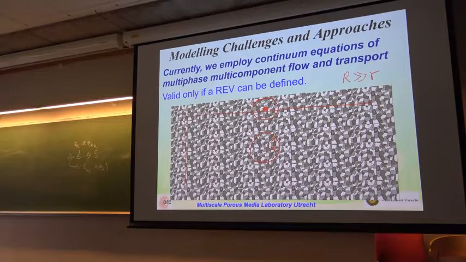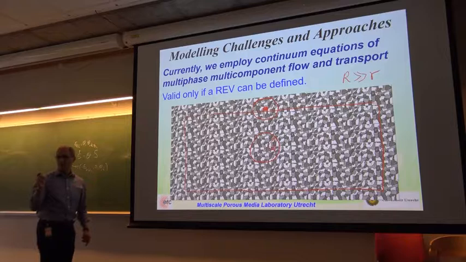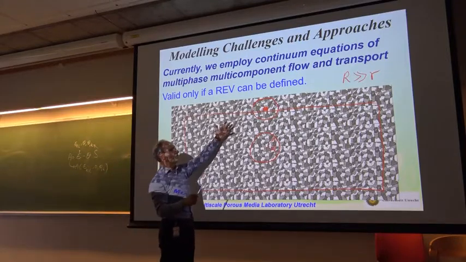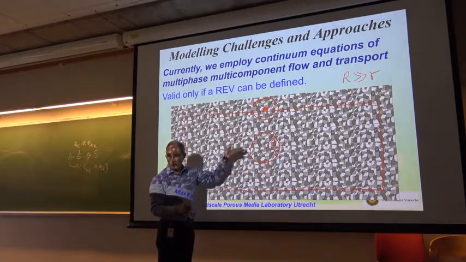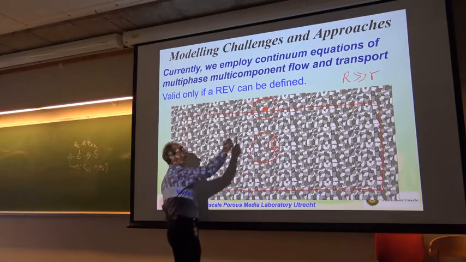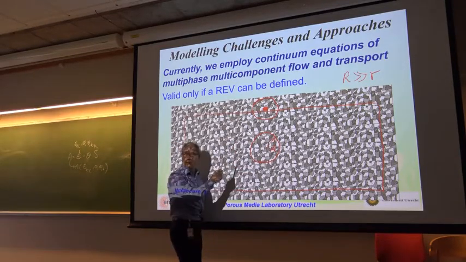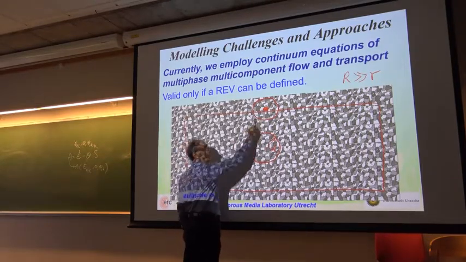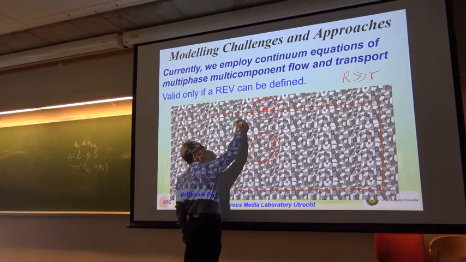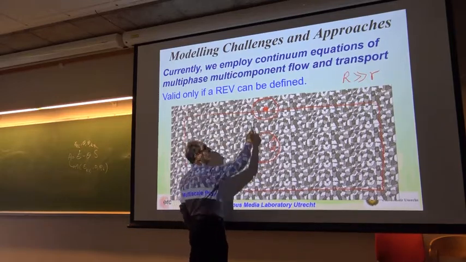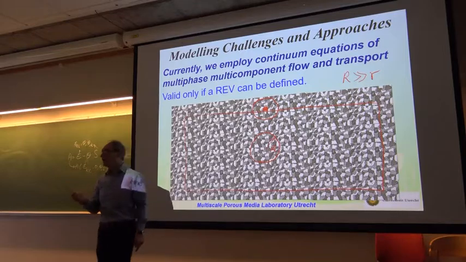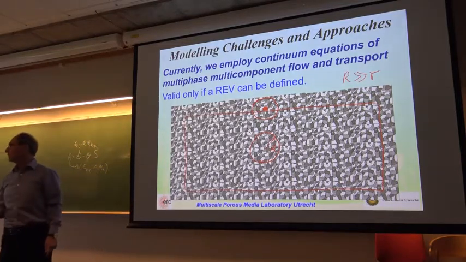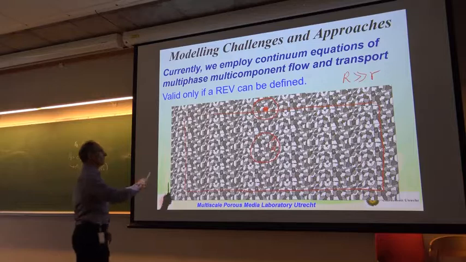Which means that when you specify boundary conditions, what does it mean? You say something about the saturation field, pressure field, velocity field at the boundary and its relation to the outside world. Now, this is the boundary, because that's where you define those values. So your macro scale domain is slightly smaller than your micro scale domain. You throw away this part.